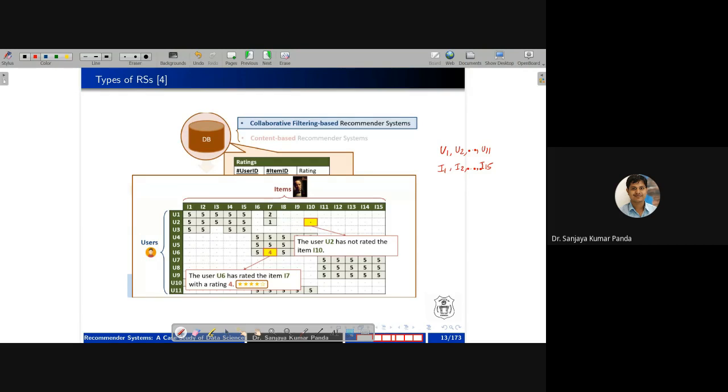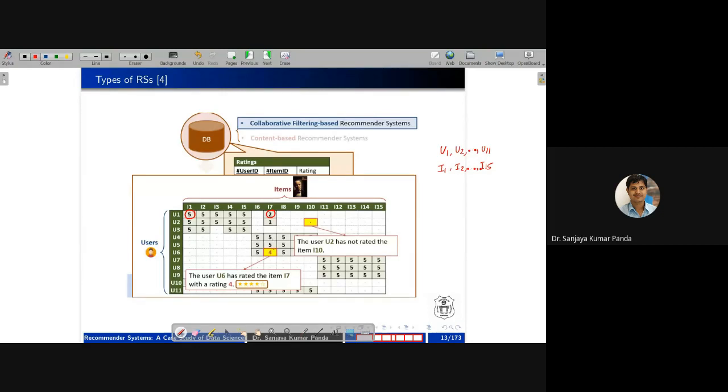Then you can represent it in the form of a matrix or a table in order to capture the rating of user U1 against a particular item. What does this 5 indicate? This 5 indicates that user U1 rated I1 5 out of 5. What does this 2 indicate? This indicates that user U1 rated I7 2 out of 5.